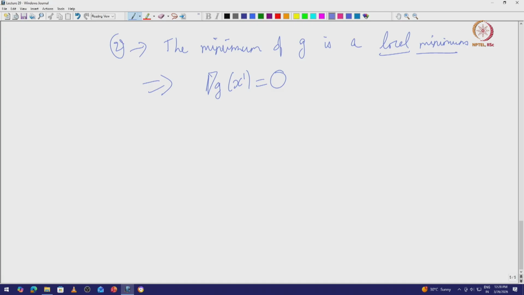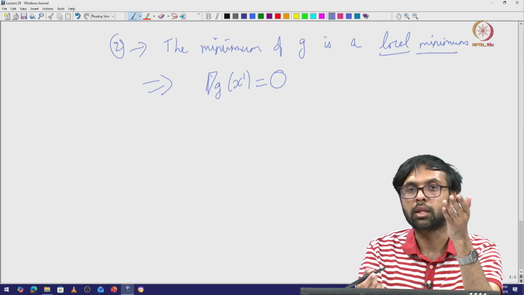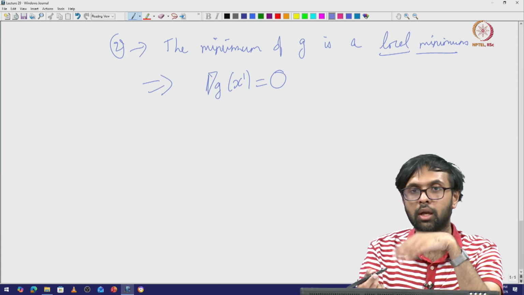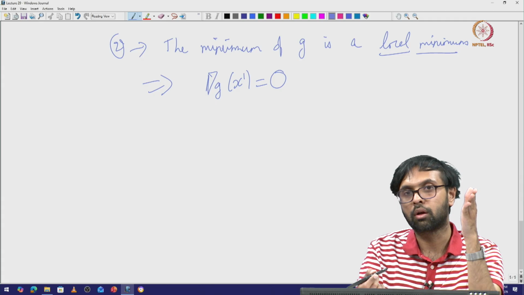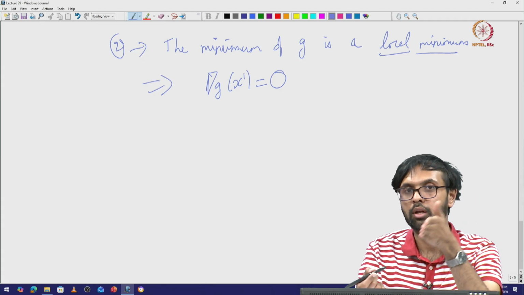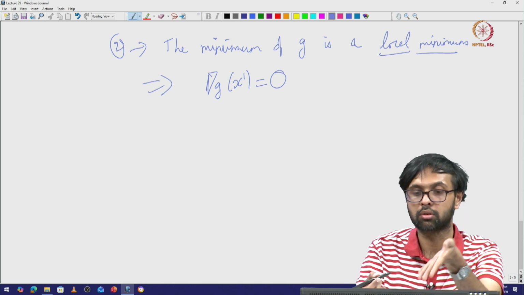Remember, if you have a local minimum at an interior point, the gradient is 0. Why? This follows from one variable calculus. You take any small enough line passing through x dash, then the one variable derivative is 0, and by the chain rule, the gradient dotted with the velocity vector of that line is 0. So the gradient along that direction is 0, and this is true for all directions, so the gradient is 0.